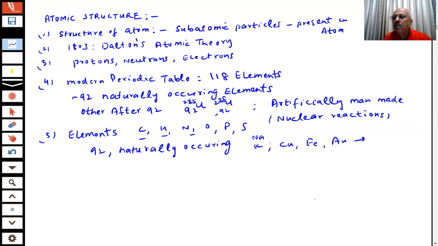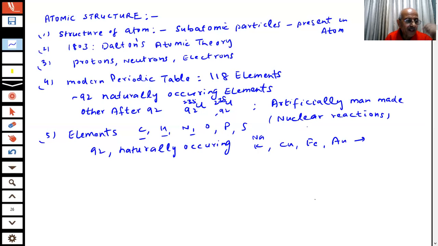Few others also, you are using: iron is present, magnesium is there, potassium is there. You are eating salt, NaCl. And there are other elements which we said are synthetic, man-made in the nuclear reactors, where they are being used in the nuclear reactions. You have heard about nuclear bombs, hydrogen bombs, atomic energy, all this.